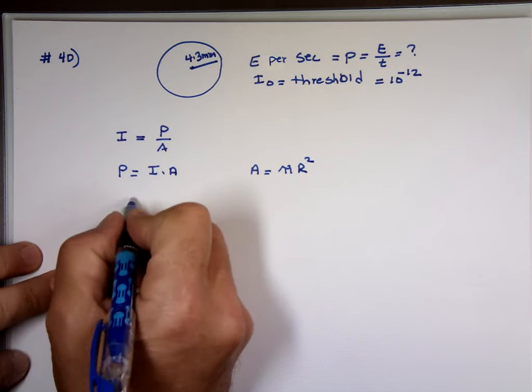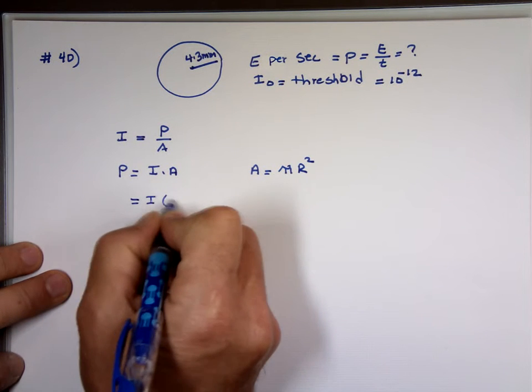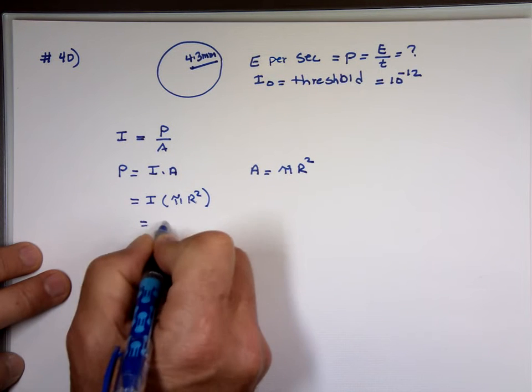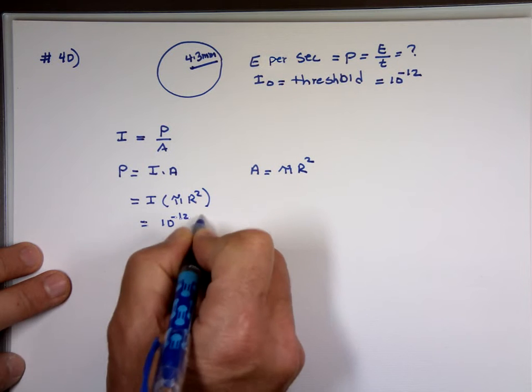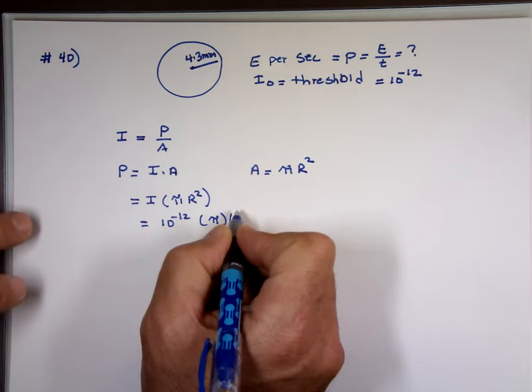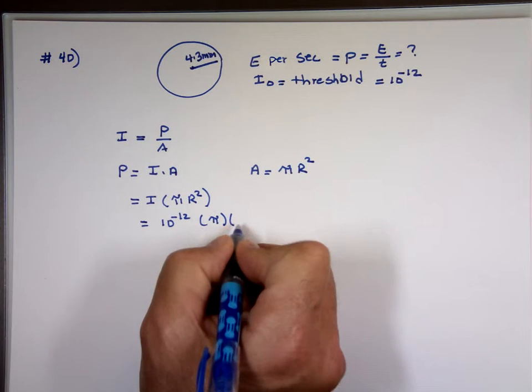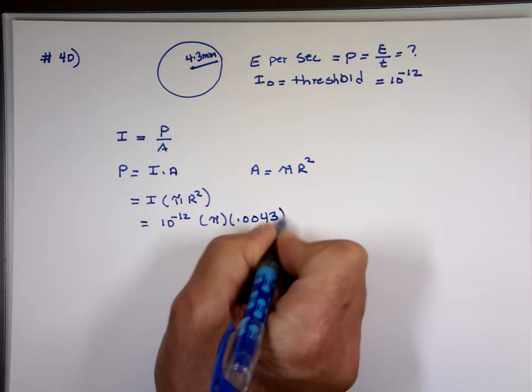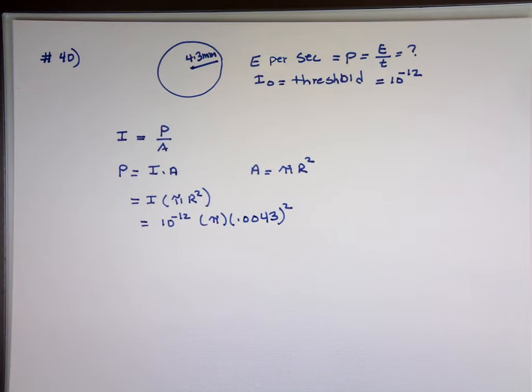So this is going to be I times pi r squared. I is 10 to the negative 12 times pi times r, which I have to convert to meters. That number is 4.3 divided by 1,000, millimeters to meters, so 0.0043.